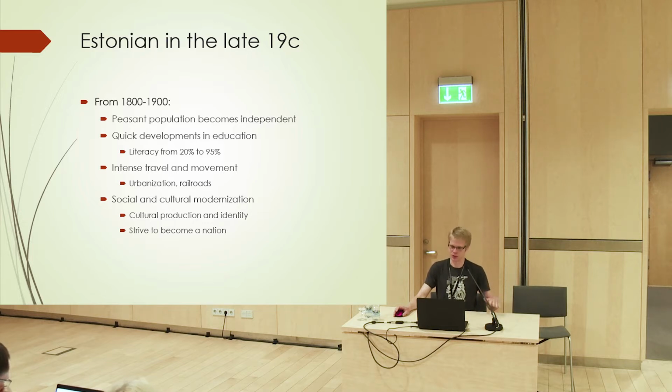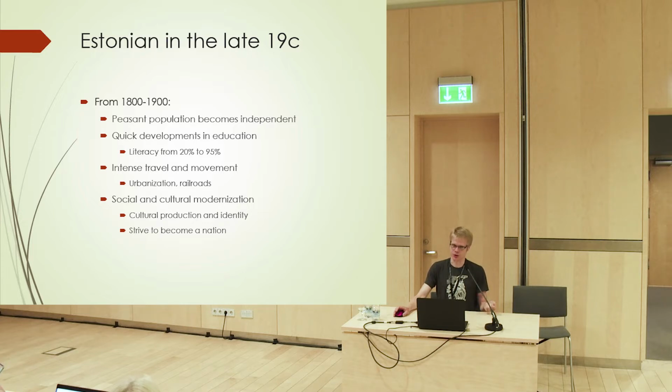It was a low prestige language, and it was almost entirely spoken. The Bible had been translated into Estonian as well, but Estonians mostly could read it, they didn't really write. Within that one century, there is a very quick development in literacy. It goes from about 20% to 95% in basic literacy.